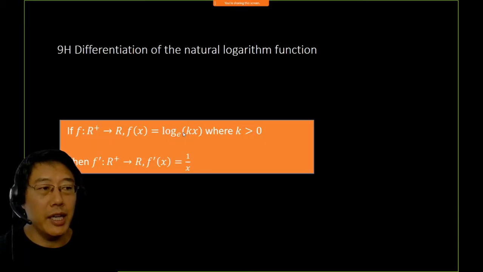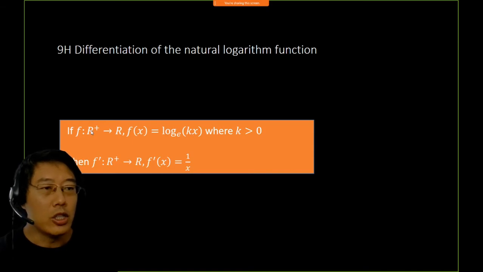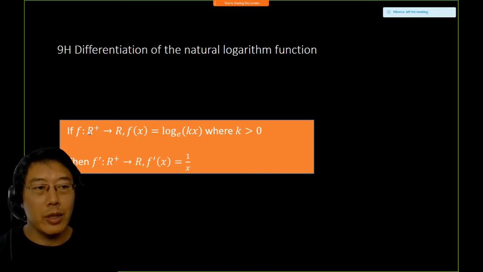If you have a log of kx to the base e, its derivative is 1 over x. Okay, now that's where the proof is. Again, just be mindful about the domain. So it's R plus.